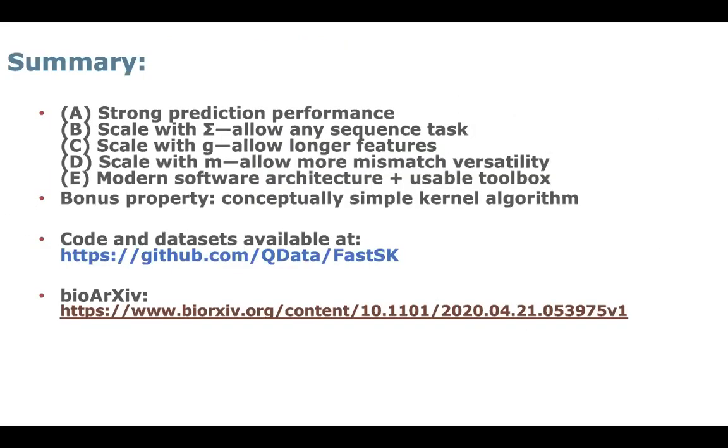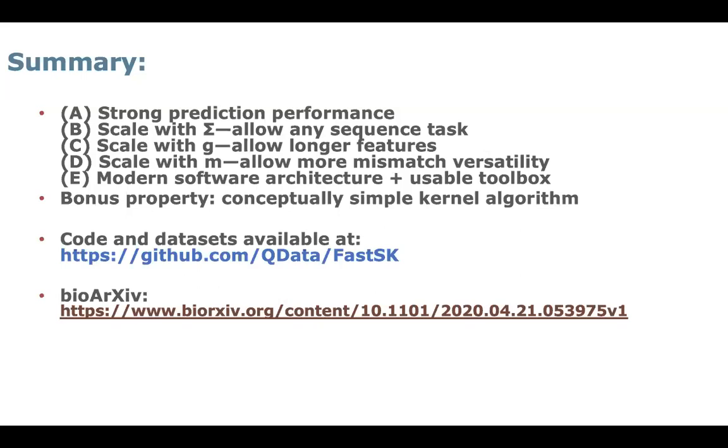All right, to summarize, we created this tool called FastSK, which provides very strong string prediction performance, and we show that it scales with any size of sequence tasks, like DNA, protein, and language. It also scales really well with g, which allows longer substring features to be considered.